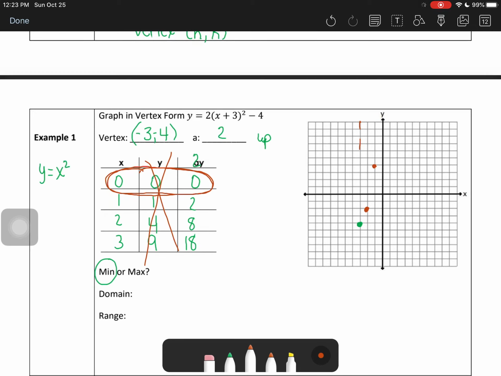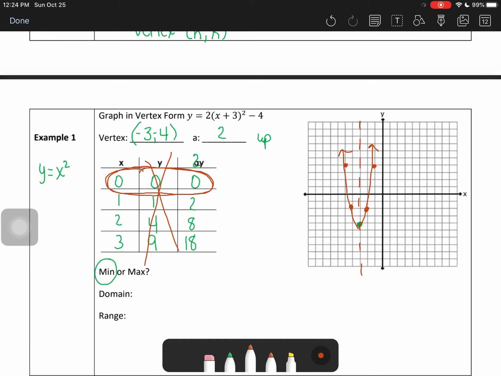We'll draw in our line or axis of symmetry, reflect our points to the other side, and then we can draw in our parabola, making sure to put arrows on each of the ends to show that it's infinite.